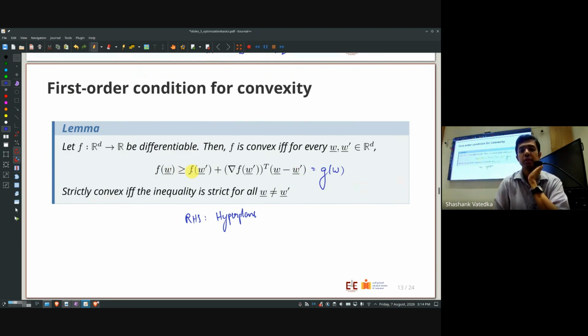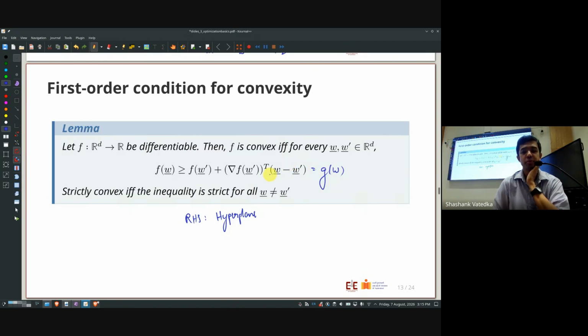So it's basically f of w prime plus the derivative of f at w prime times w minus w prime. What line does that correspond to? What is the slope of the line? It's f dash of w prime.